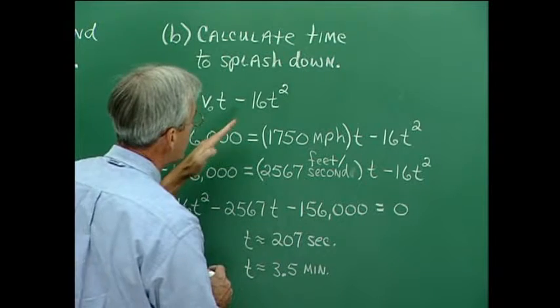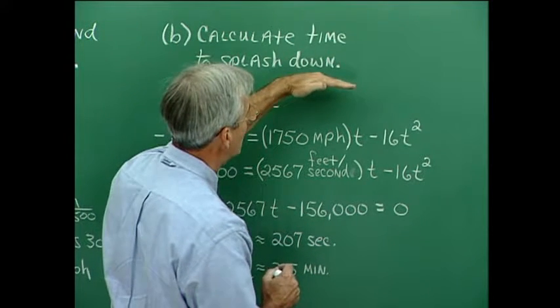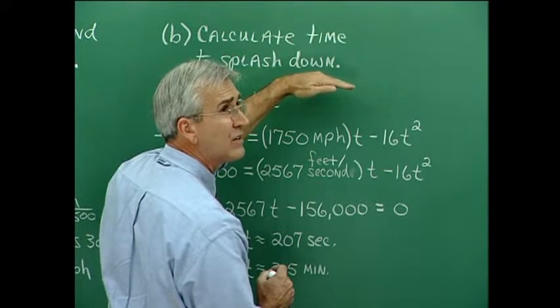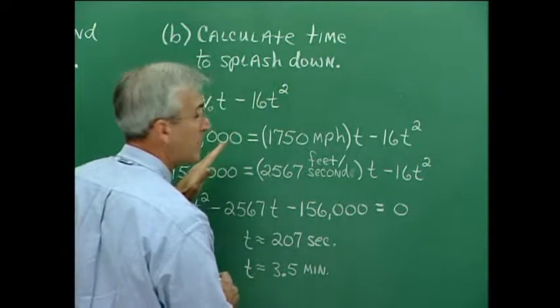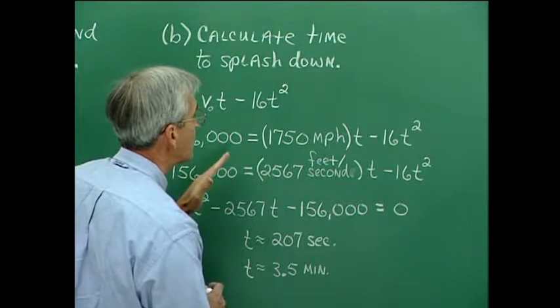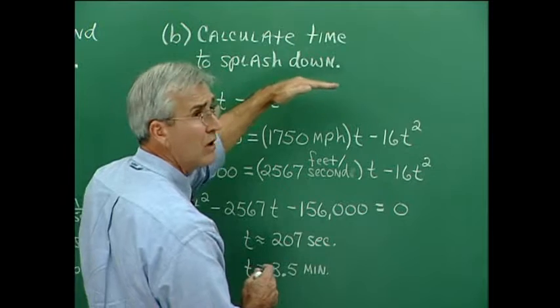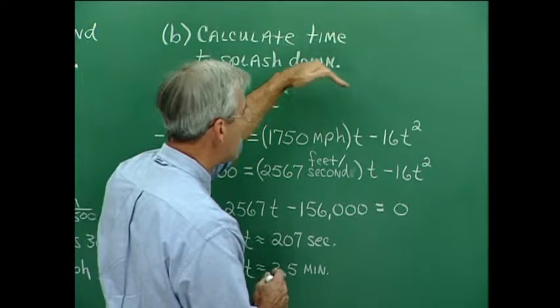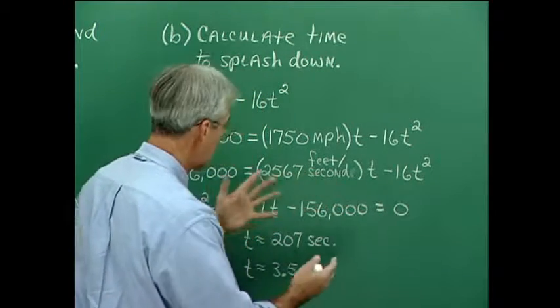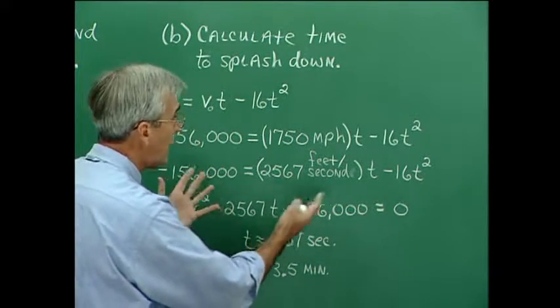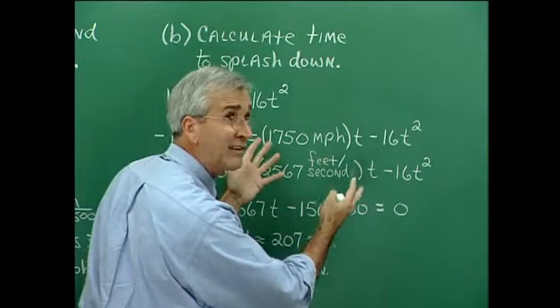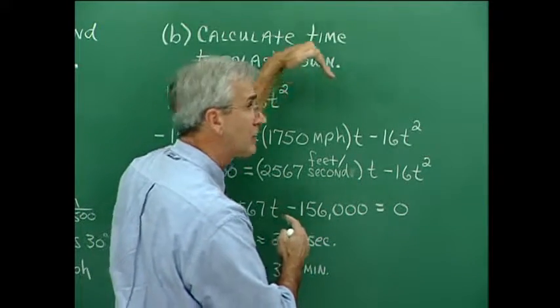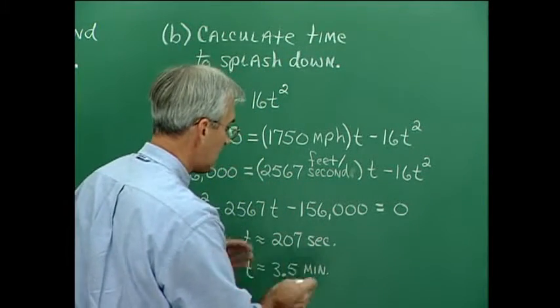And the apogee is reached after about 70 something or 80 seconds, something like that, but it's over a minute. So the solid rocket boosters continue to climb for more than 1 minute and some number of seconds, and then start to come back down. So the first minute or so of this 3.5 minutes of travel is spent still going up, and then after that it blasts on down.